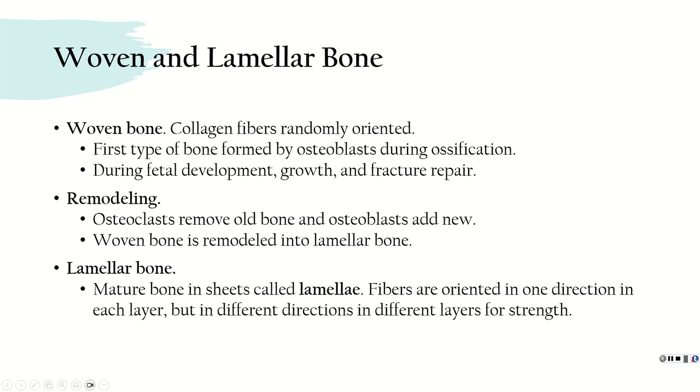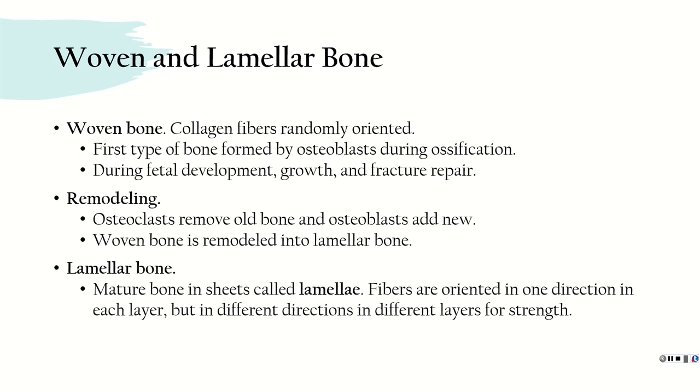There are two different bone structures. We're going to talk about the crystal structure here. One is woven and one is lamellar. When we're talking about mature adults, there's the lamellar bone and then there's the cortical bone.